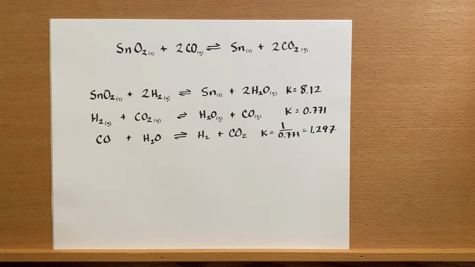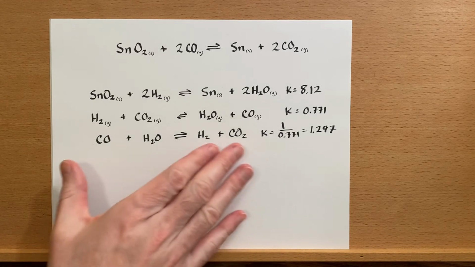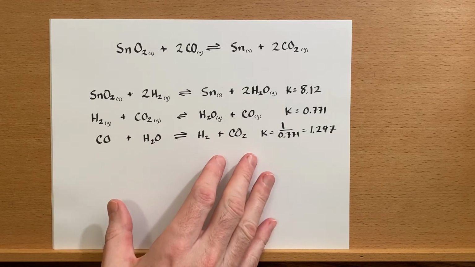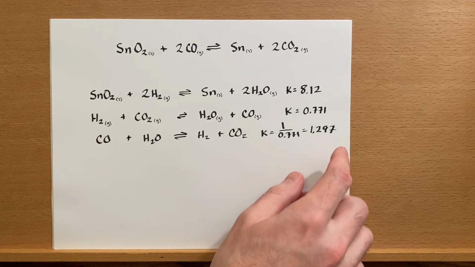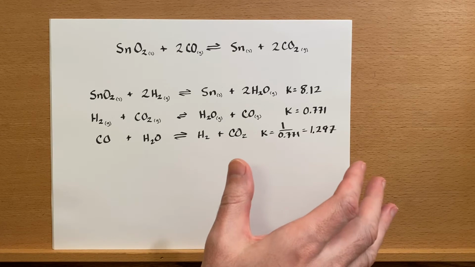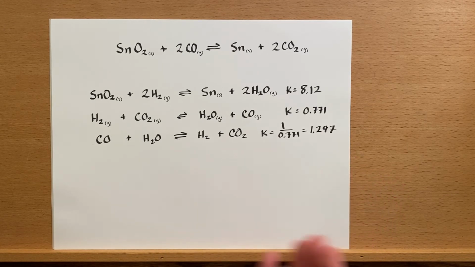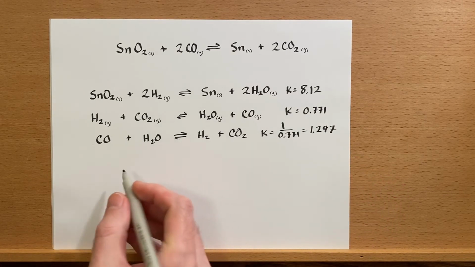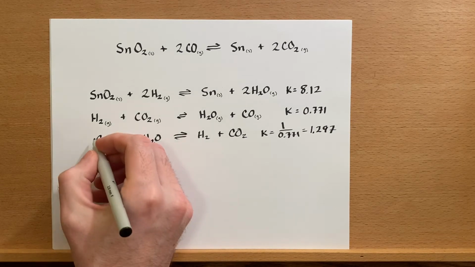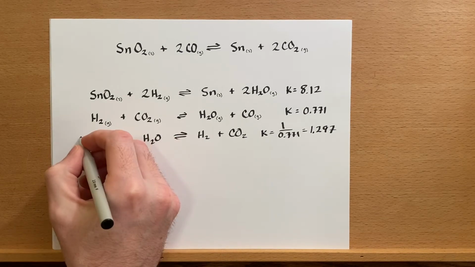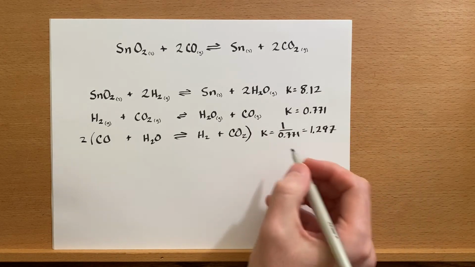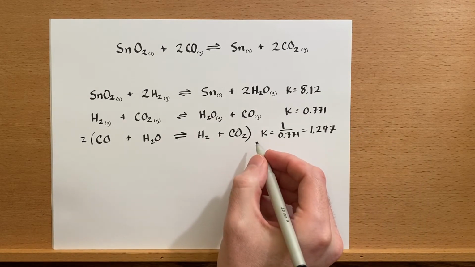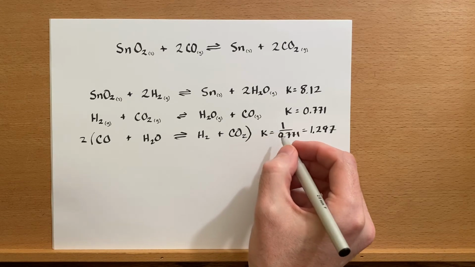So remember, when we multiply a reaction by some constant, in this case 2, we'll have to raise its K to the power of 2, the number that we're multiplying it by. Since we need to do that, I'm just going to write that right here as times 2 there. And then when we do that, our K will have to square.